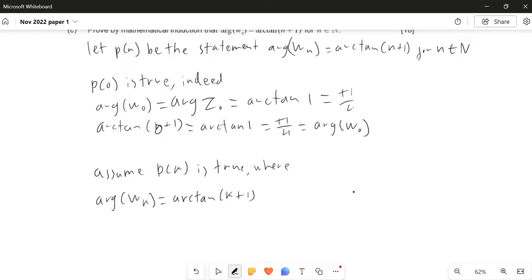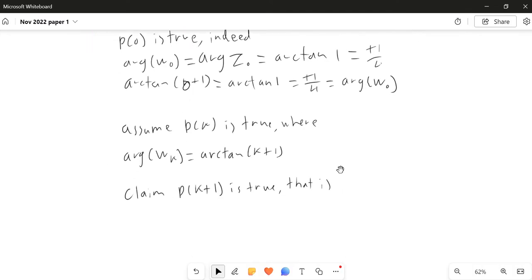And then the next step is going to be to claim P of k plus 1 is true. That is, arg W of k plus 1 equals arctan of k plus 2.